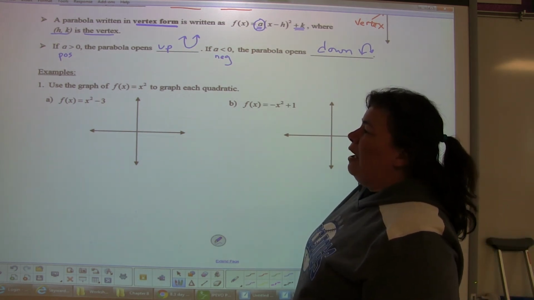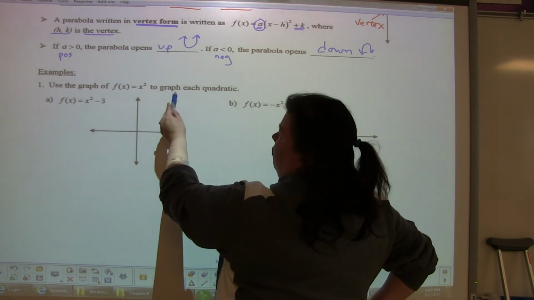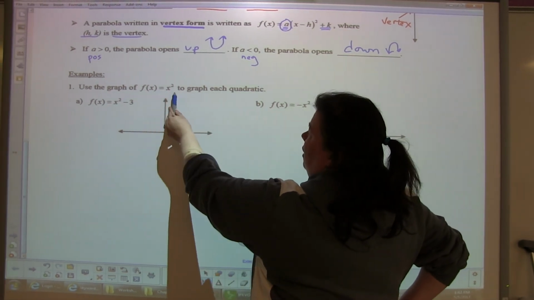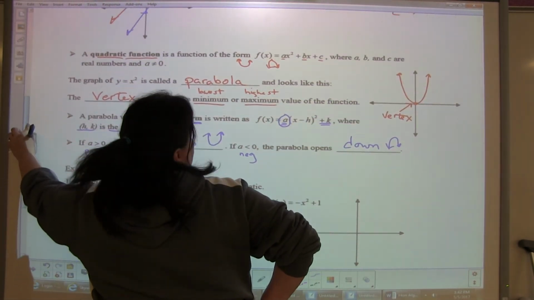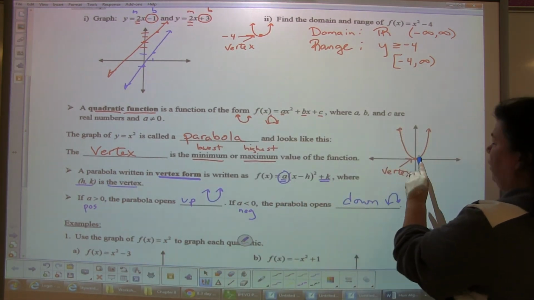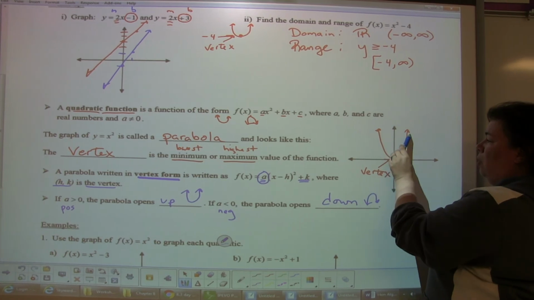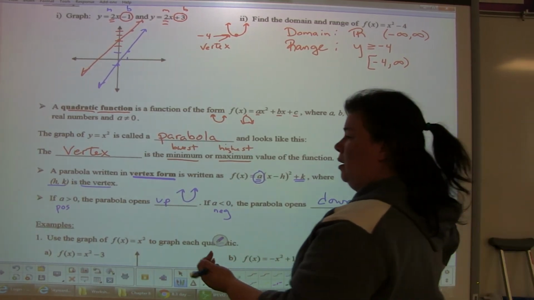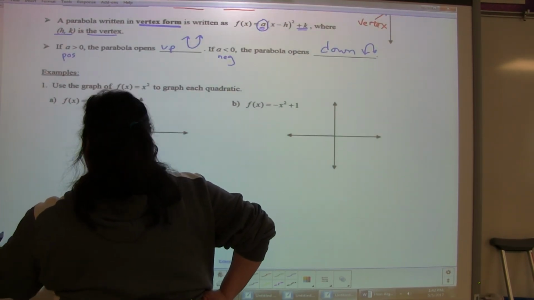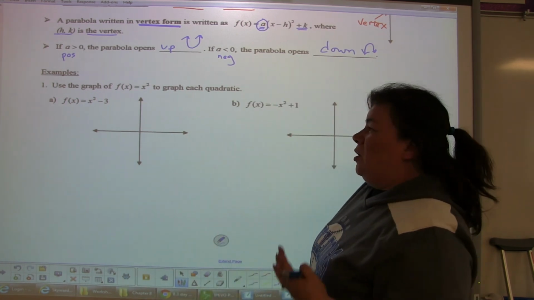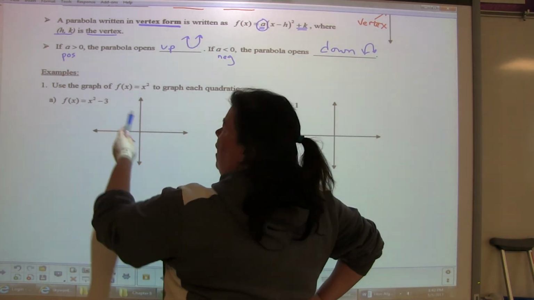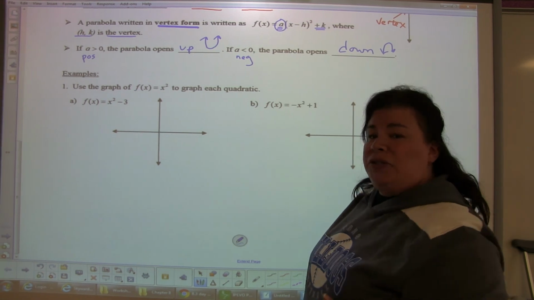So if we use the graph of f of x equals x squared to graph the quadratic, notice that again, that's our original graph going through the origin, and it's a U-shaped parabola going through all those points. So they want us to graph f of x equals x squared minus 3.